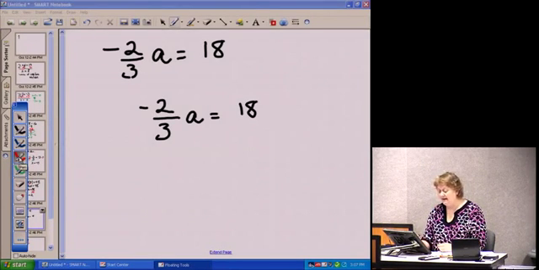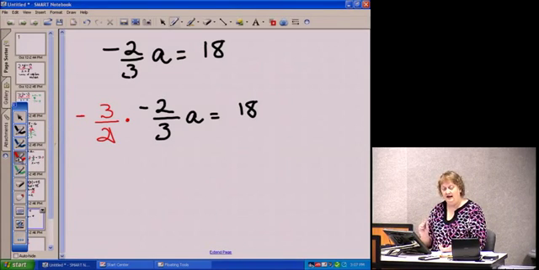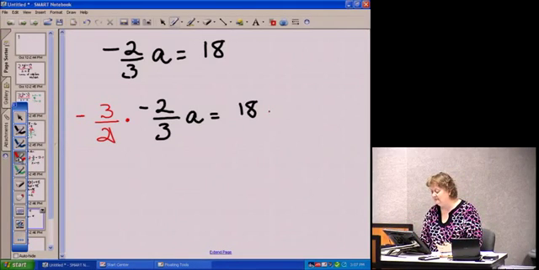If I multiply by the reciprocal here, the reciprocal of -2/3 is 3/2, and it needs to keep its sign, so I'm going to keep the negative sign out front. And again, remember that what we do to one side of the equation, we do to the other side so that it undoes it and keeps the balance between the two sides of the equation.